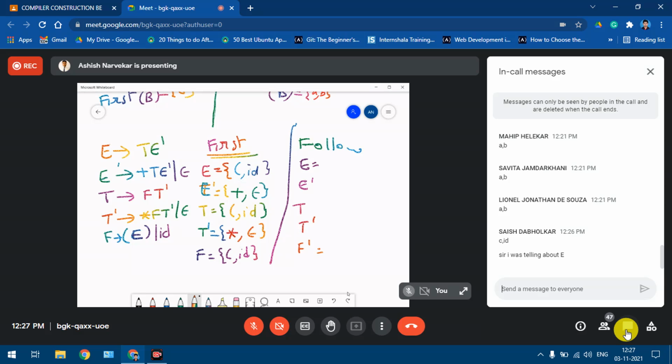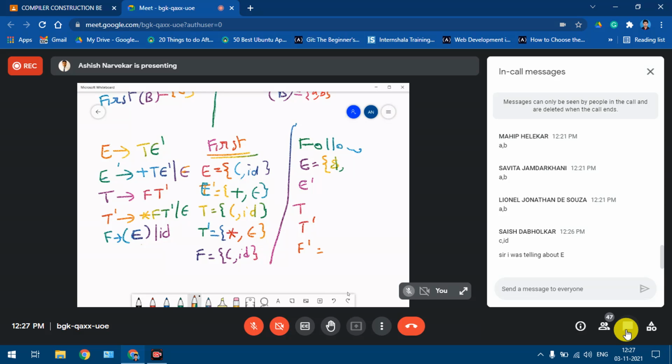If you want to find the follow of, say, E, check if E appears anywhere in the right hand side. It appears in the first, second, third, fourth, fifth productions. By default, as per the rule, the follow set of the start symbol should contain a dollar.